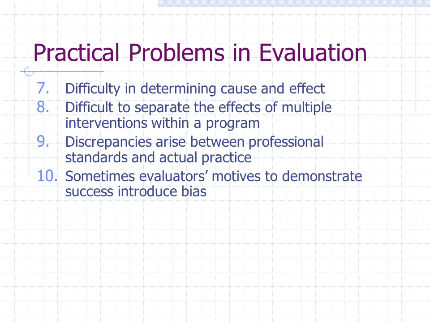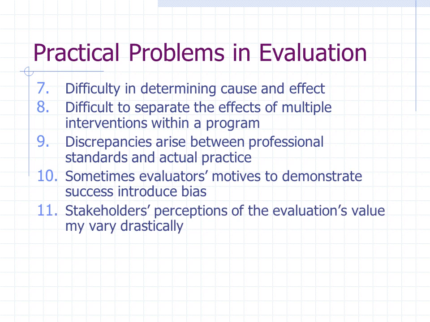We all want our programs to be successful. We all want them to demonstrate success. The very nature that we want things to be successful can introduce bias into the whole process, into the data collection, into the data analysis. Same thing with research. We always have to be on the lookout for this. We always have to guard against bias influencing the results. Stakeholders' perceptions of the value of the evaluation can vary, so we need to be aware of that.